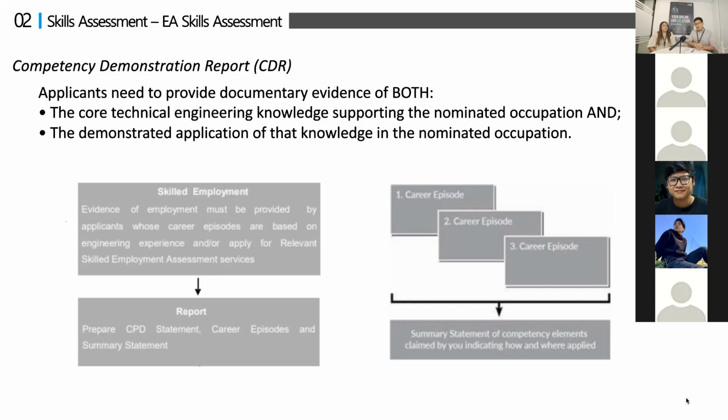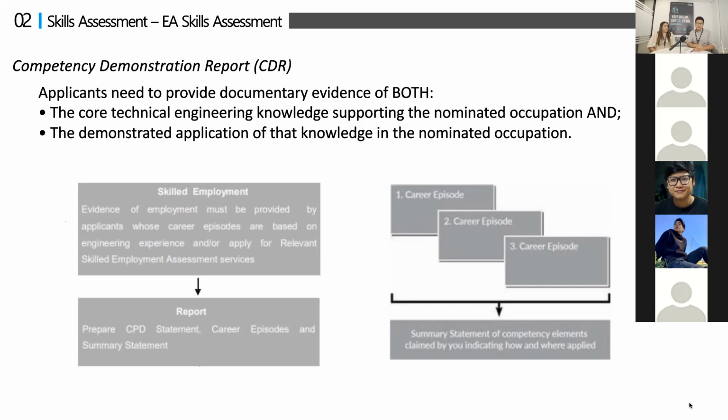It's very complicated, and you should provide as much detail as possible about how you have done your work experience in your specific engineering occupation. It's very important. It's your responsibility to demonstrate and provide evidence that you took those responsibilities during the project.